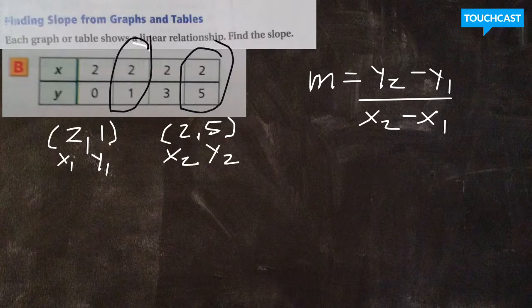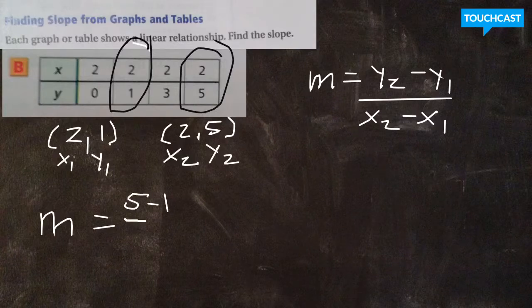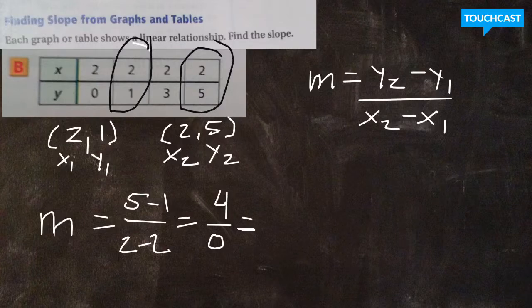So our formula is going to yield us M equals 5 minus 1 over 2 minus 2, which will give us 4 over 0, and we can't divide by 0, so the slope of the ordered pairs represented by the table is undefined, or just UND for short.